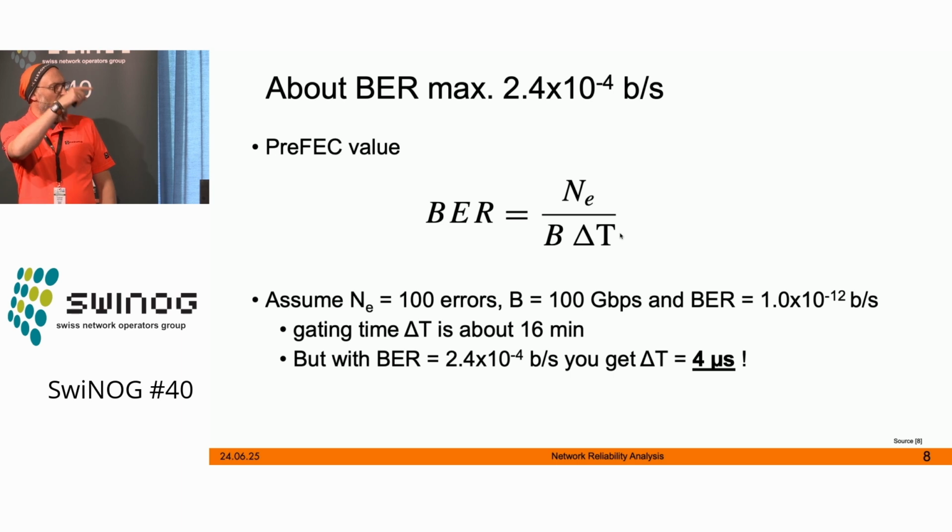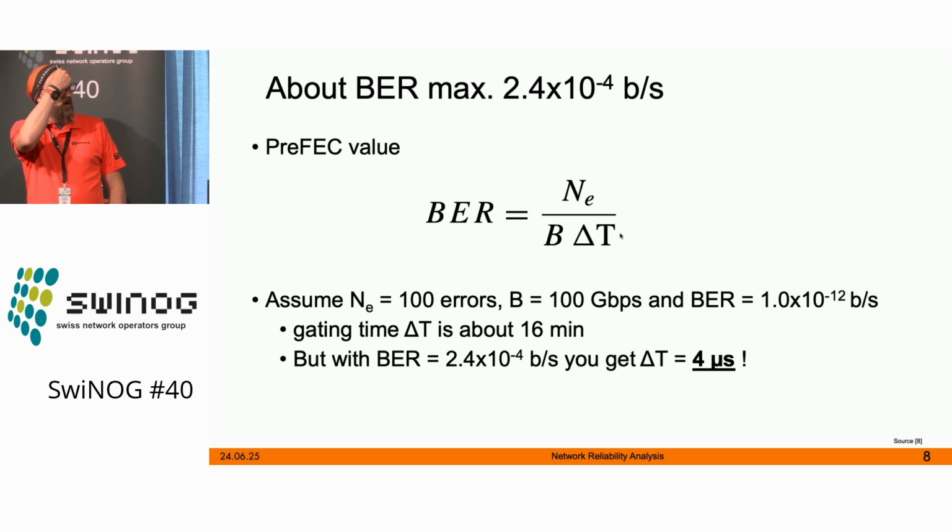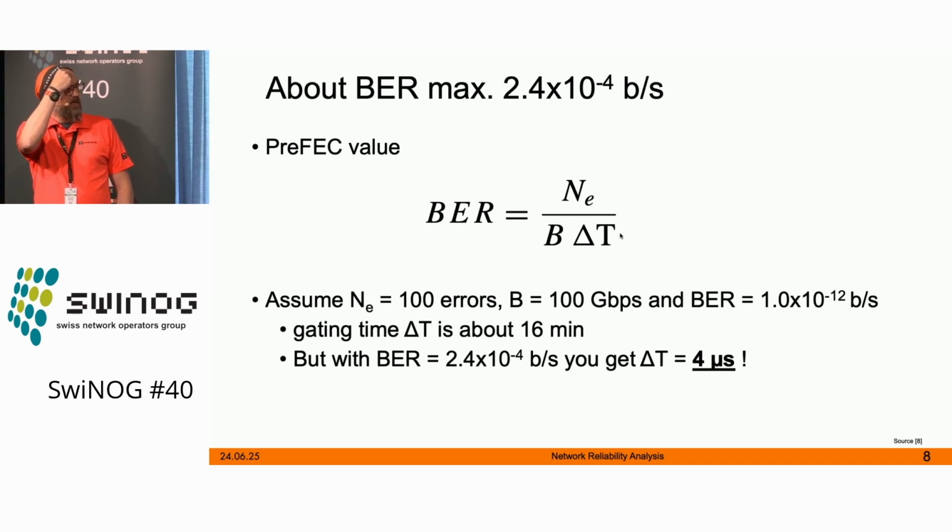So when we assume 100 errors and a speed of 100 gigabit, and now look at a really good link with a bit error rate of minus 12, which is per definition bit error free, then we have a gating time of those clusters, of those 100 errors to each other, of roughly 16 minutes. And the forward error correction will take care of that one.